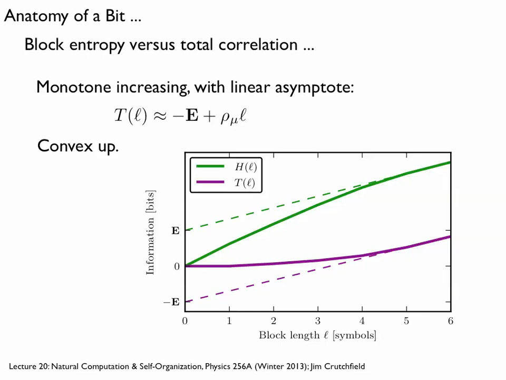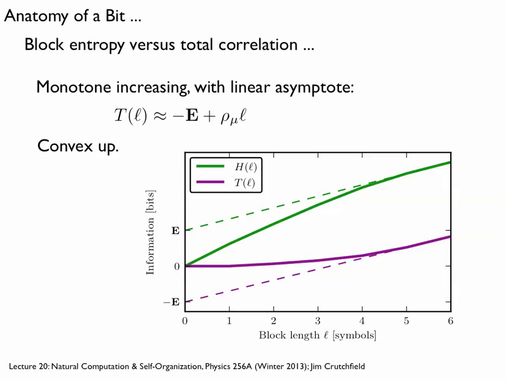It's monotone increasing, and goes to this linear asymptote, E plus h mu L, and then here in red is the block total correlation, and it has its linear asymptote. Now it has a different slope here, which is rho mu.